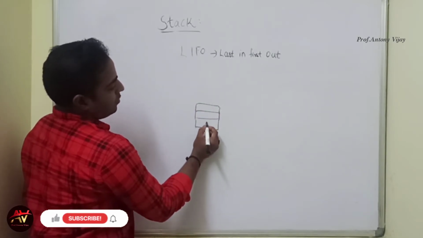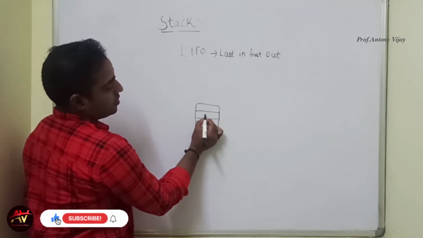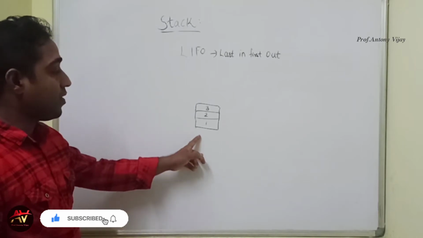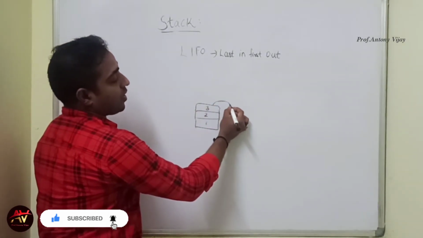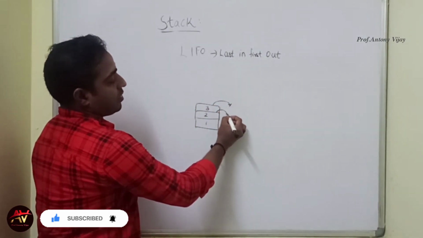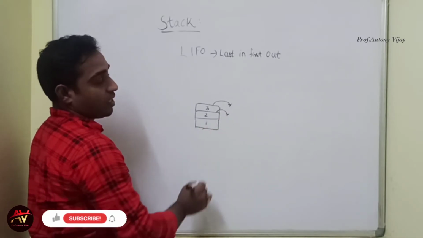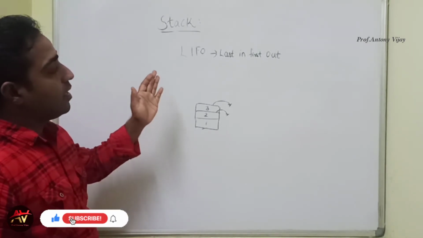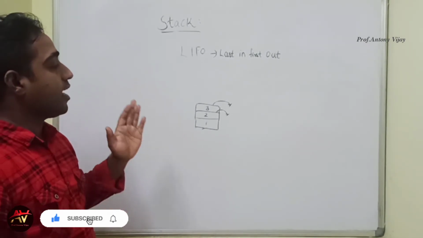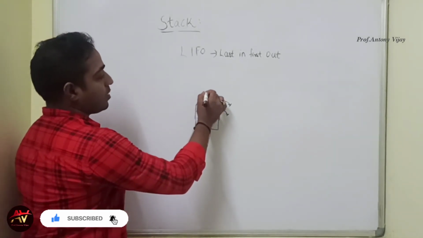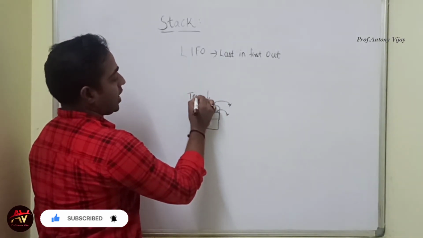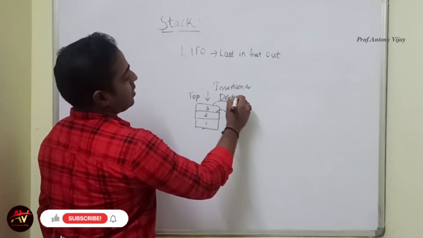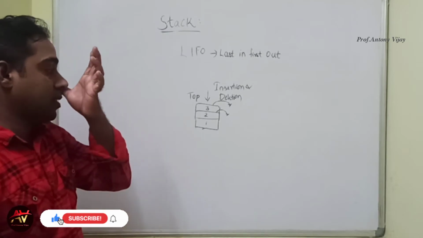For example, this is the first file, this is the second file, this is the third file. In order to take the first file, we have to remove the third file first, then the second file, and only then can we make use of the first file. This is what is called a stack. Here insertion and deletion can take place at the top only. This is the top of a stack. Insertion and deletion can be done on the top of the stack only.